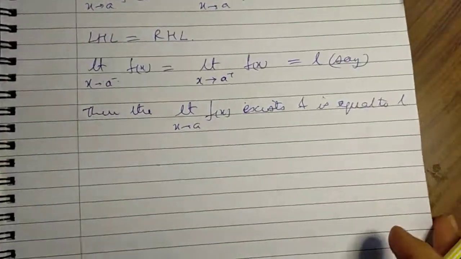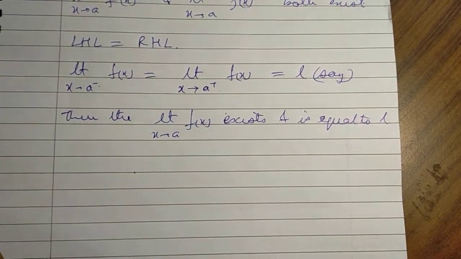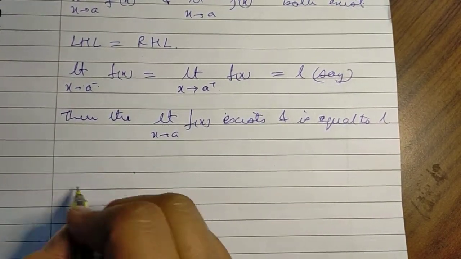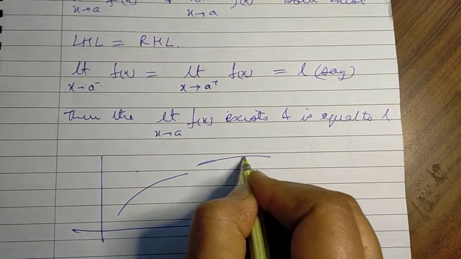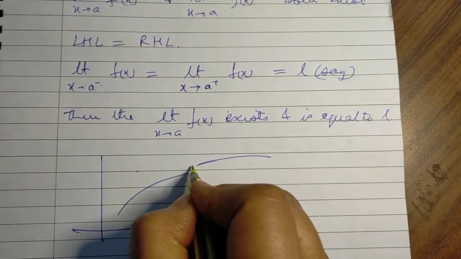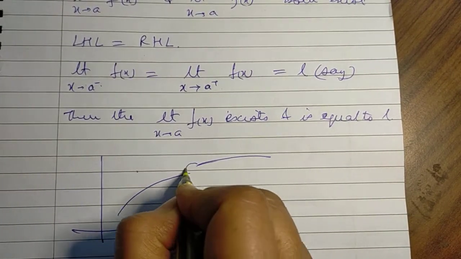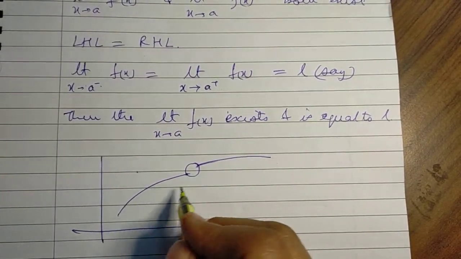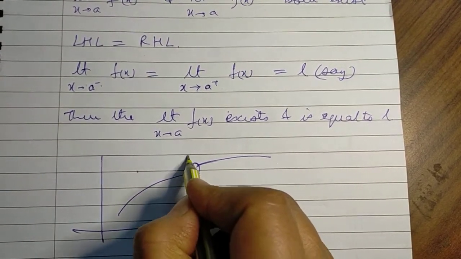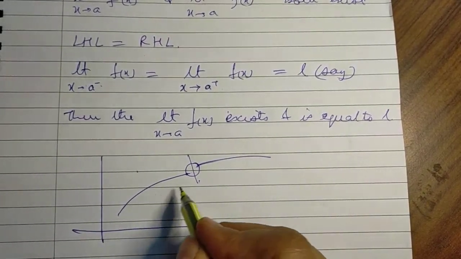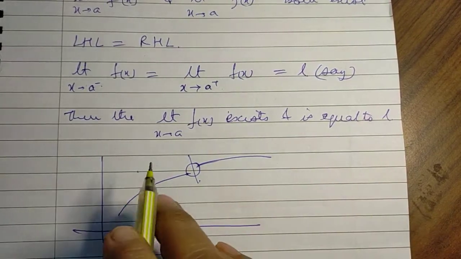Another thing to be noted is that a function which is not defined at a particular point, like the example which we took, will have a break in the flow of the curve. When you do the tracing, at that point there will be a break in the function, so it will not be drawn continuously.